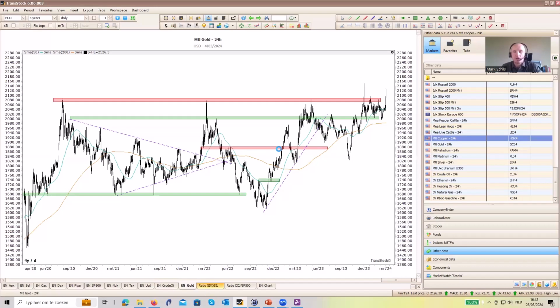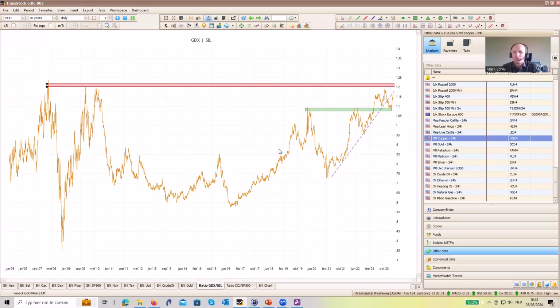It is the ratio chart of the gold and silver, not the gold and the silver price, but the two ETFs. Everybody knows the GDX ETF, which concerns the gold mines, and the SIL ETF, which concerns the silver mines. Here we see the chart over a period of 20 years, and we see very clearly that there's a big resistance around the number 1.2. So maybe that's a key point, where it could be touched and return, going back down.